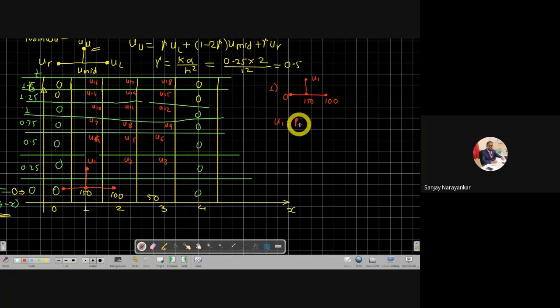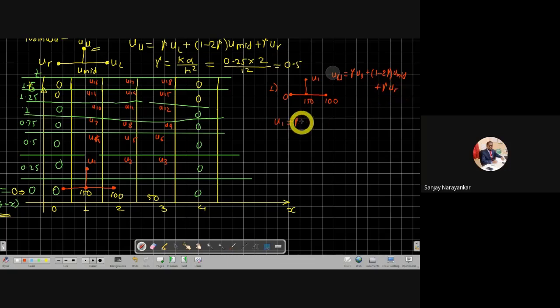U up is equal to gamma U left plus 1 minus 2 gamma U mid plus gamma into U right.